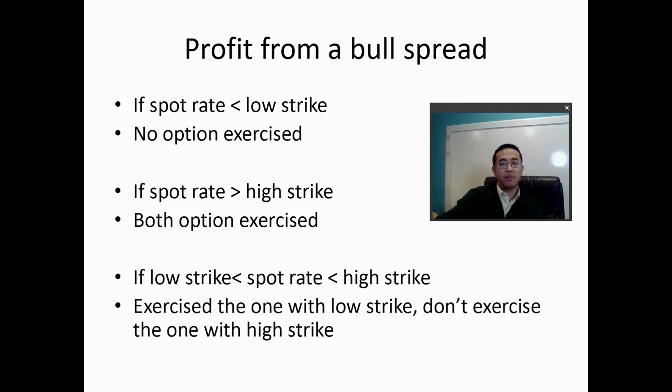And definitely, you would have to pay a premium for the option you buy and collect a premium from the option you sell. If the spot rate is in the middle, then you should exercise the option you purchased, which has a lower strike, but the buyer of the option which you sold doesn't exercise it.